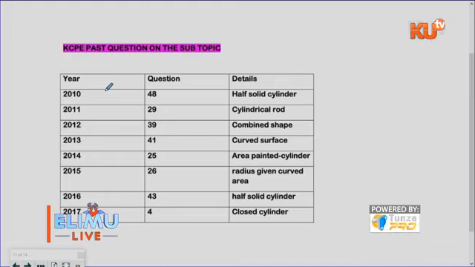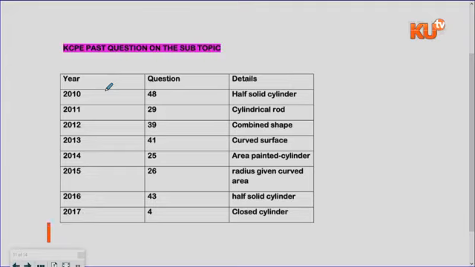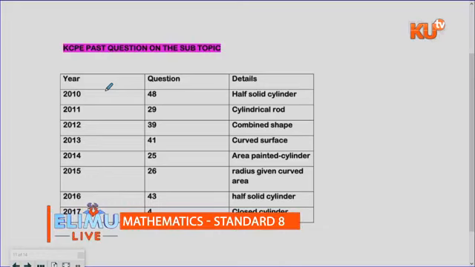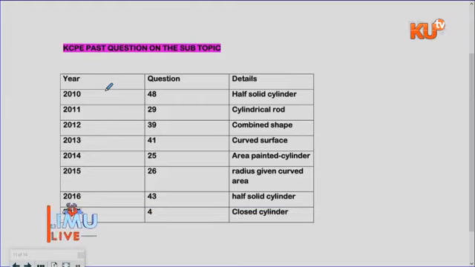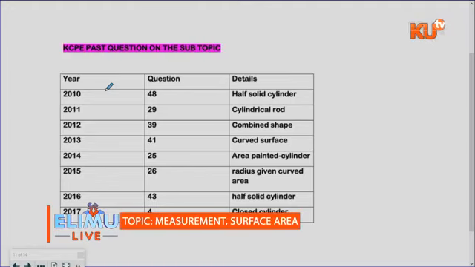In number 26, you are asked to find the radius, and you are given the curved surface area. And then in 2016, it was number 43, and this was a half solid cylinder.